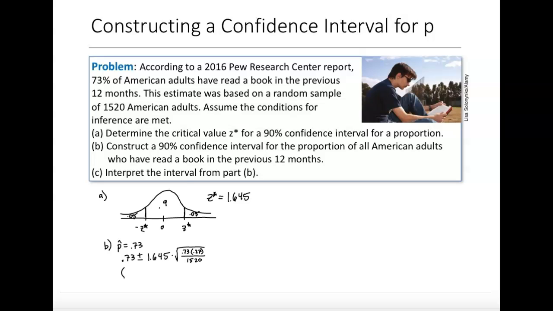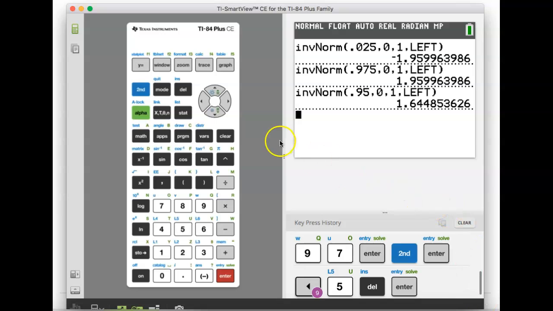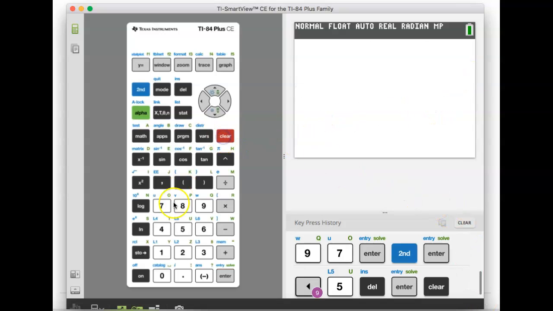We're going to create an interval. So we're going to do the 0.73 minus 1.645 first. I'll show you a little calculator trick, which I've been using here.